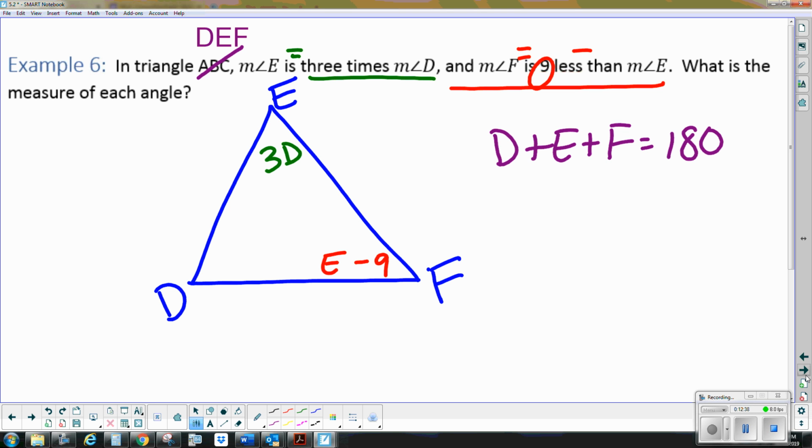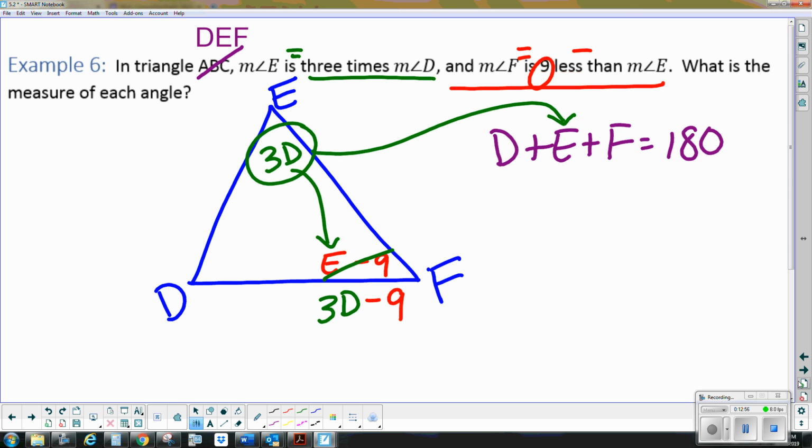But there's no way I can solve for each of those individual variables because I only have one equation. So I'm going to simplify a little bit. I'm going to put in 3D for E because it's the same thing. E is 3 times D. And I can plug in 3D for E as it relates to angle F. Then I'm going to take angle F and plug it in to my equation.